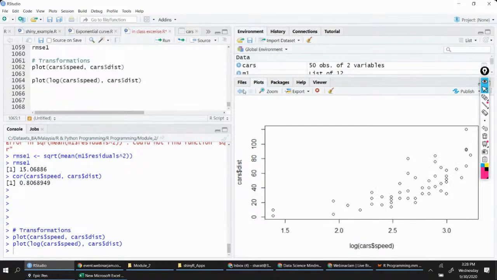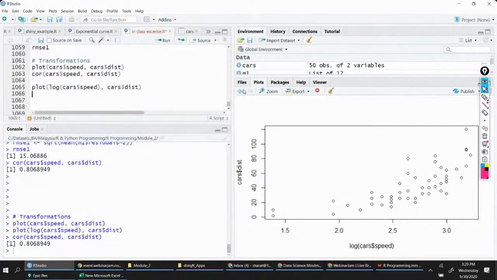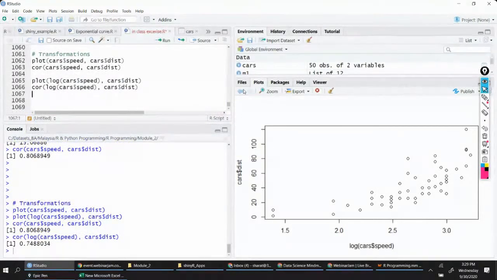You might also want to check by quantifying the relationship. So here we will do correlation. What is the correlation here? 0.806. If I apply this correlation on this particular data, it has reduced the correlation.